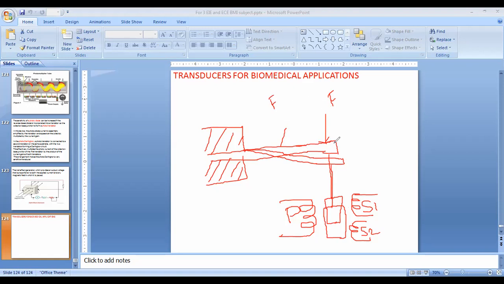The amount of force will be applied on this force summing element, and due to the application of the force, the strip bends its position, and the attached core of the LVDT also changes its position. Due to that, the variation of this electromagnetic core changes the EMF produced at the LVDT output.